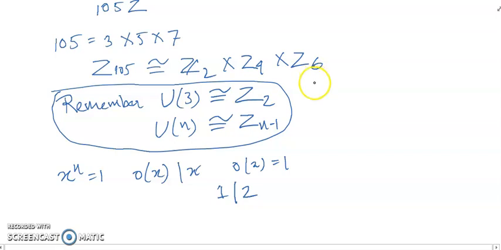Now the total possibility is Z2 cross Z4 cross Z6.